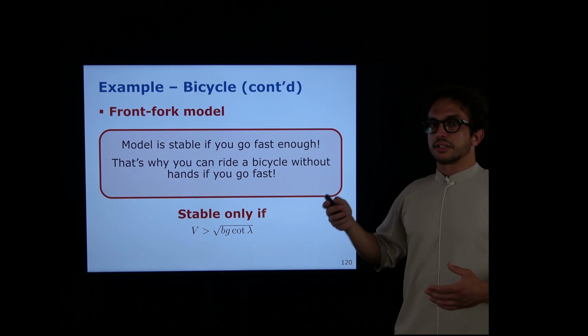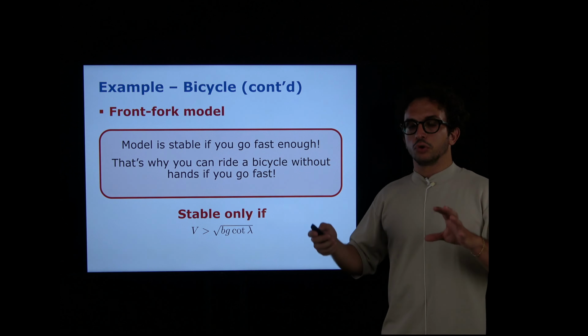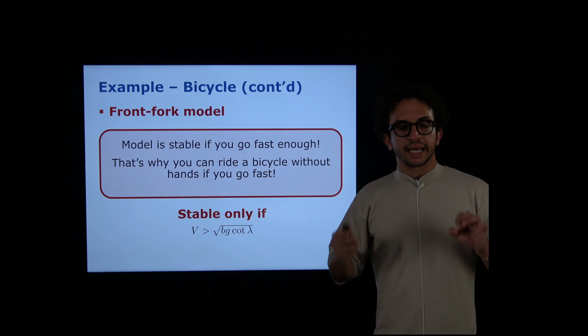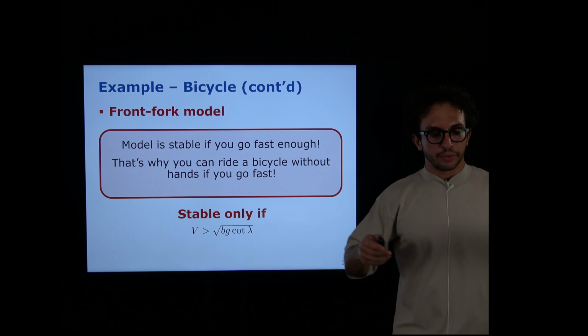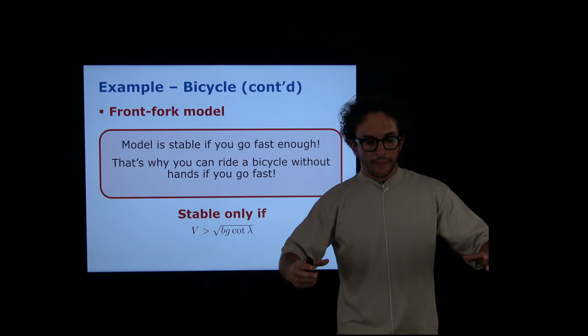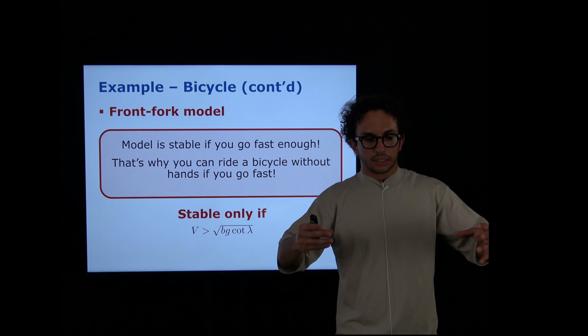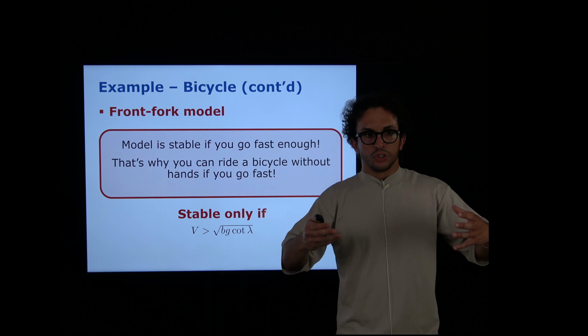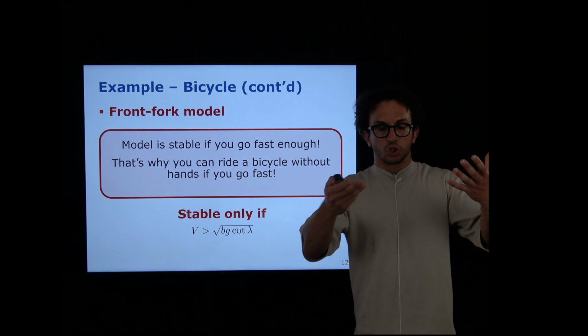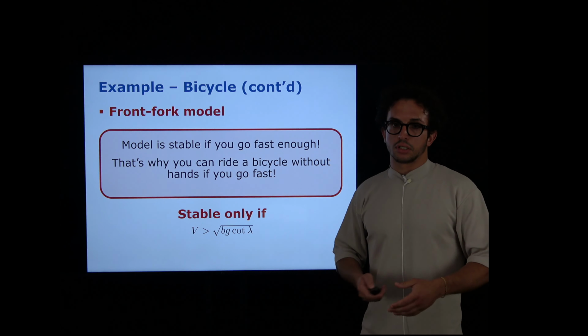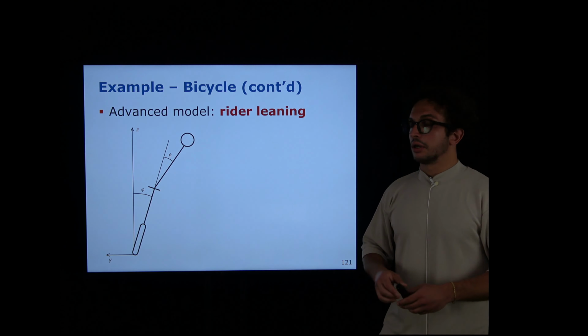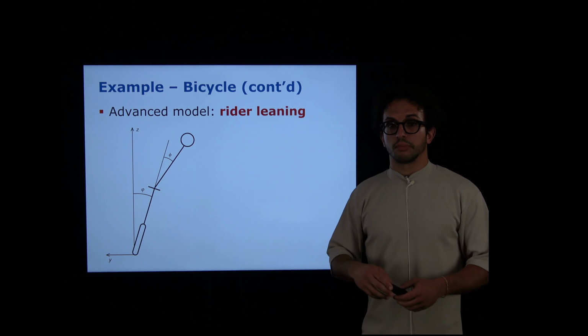I can introduce now another model just to give you a very light idea of what's going to happen. Because at the moment we are considering the bicycle and there's nothing else. The rider, for example, the person on top of the bicycle, was never considered in this. But actually the rider can have a very important effect on the bicycle.